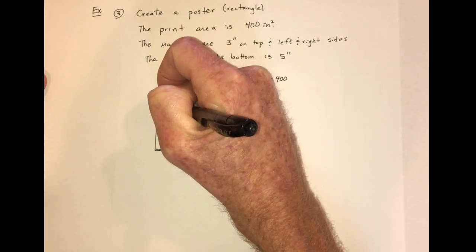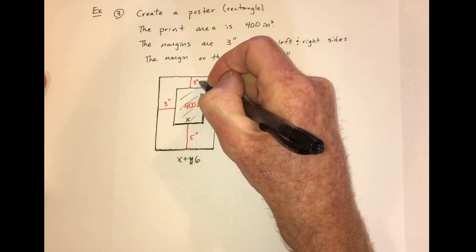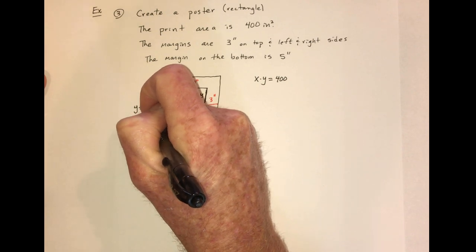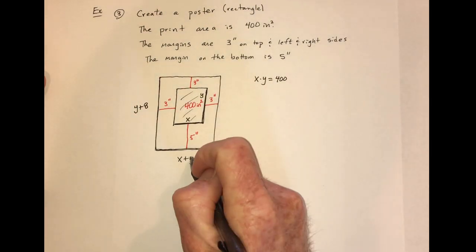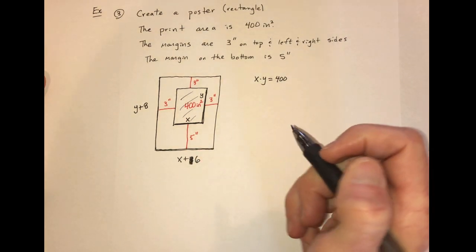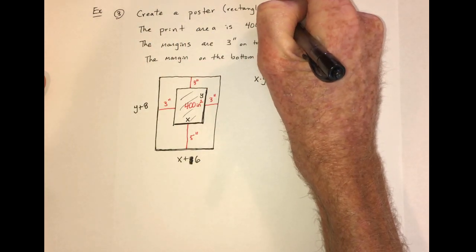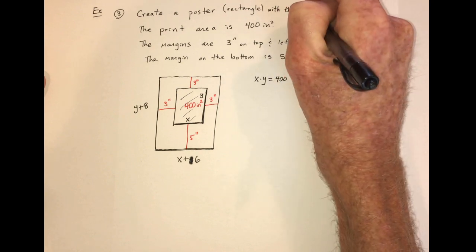And for this side, well, this much is y, and then it's got an extra 3 and an extra 5. So this is going to be y plus 8. Now, I was so excited about drawing the picture, I forgot to write the question. I can do it right here. Create a poster with the least amount of paper possible.